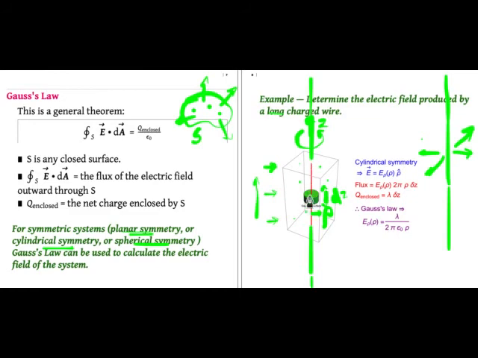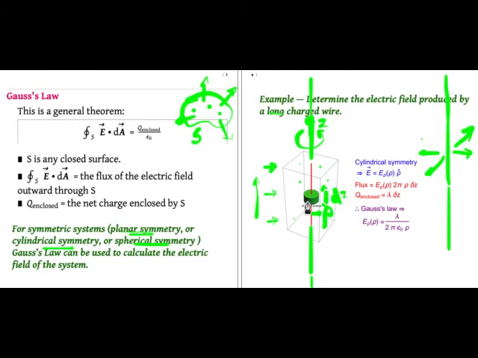There's no electric field flowing through the top and bottom, the ends, because the electric field points away from the wire. So it doesn't go through the ends. It just goes through the width around the side of the cylinder.